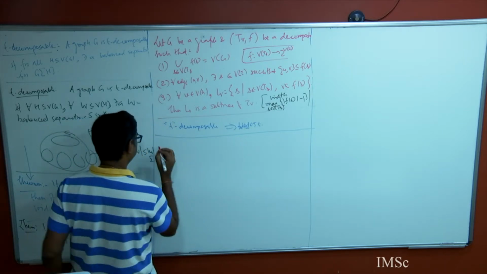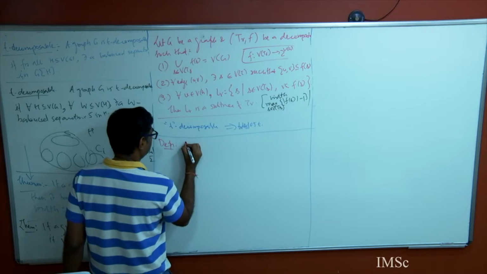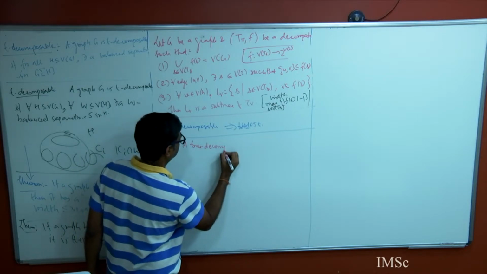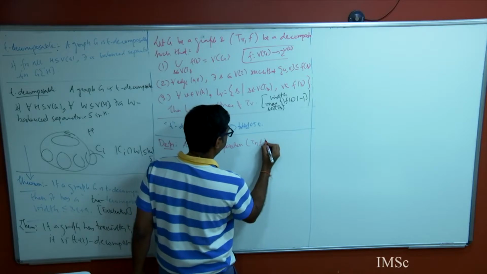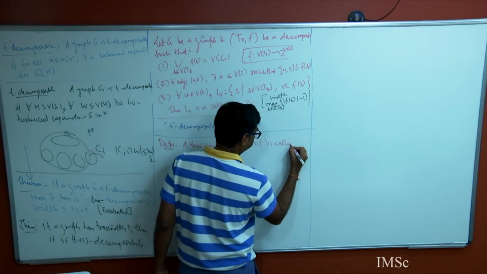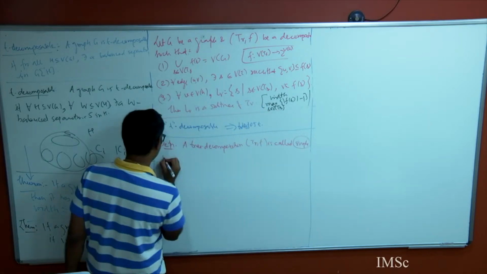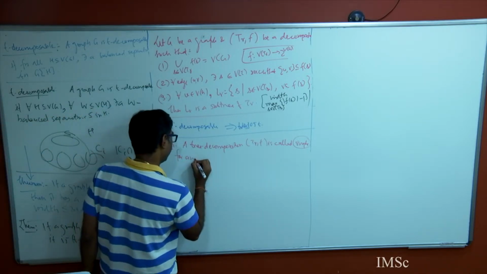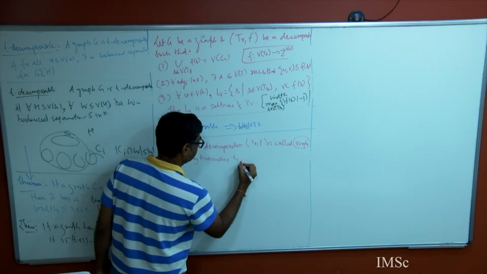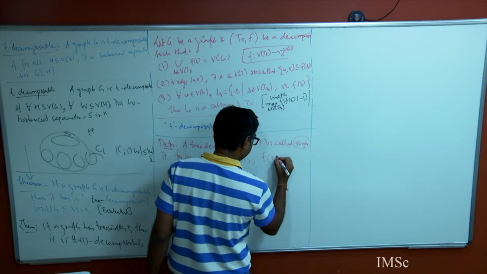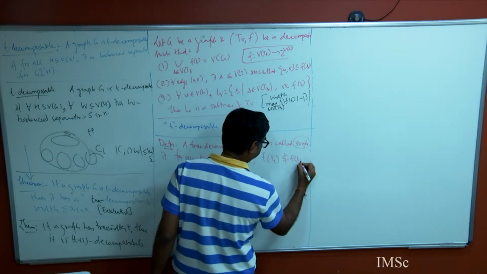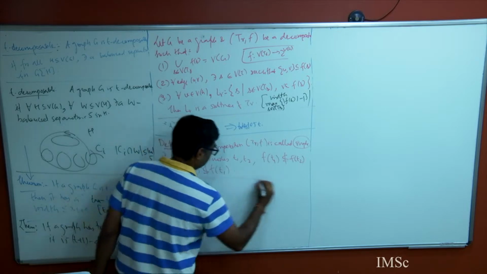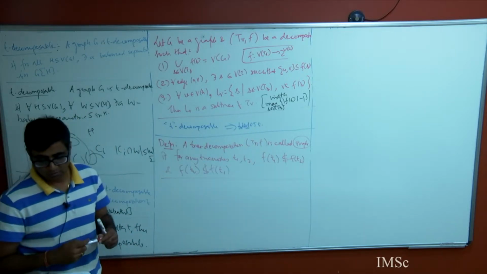Definition: a tree decomposition (T, f) is called simple if for any two nodes T1, T2, f of T1 is not properly contained inside f of T2, and similarly f of T2 is not properly contained inside f of T1. Then I am going to call this a simple tree decomposition.